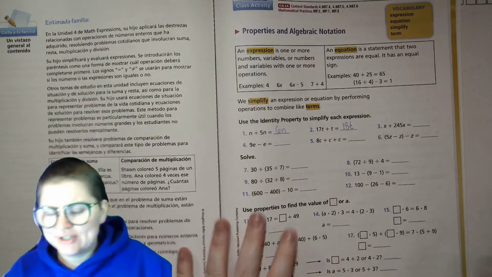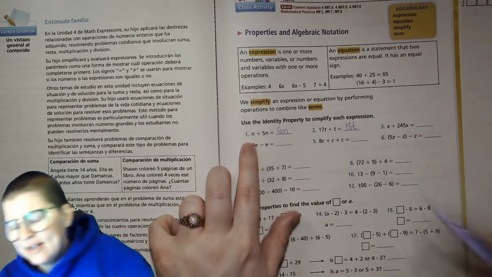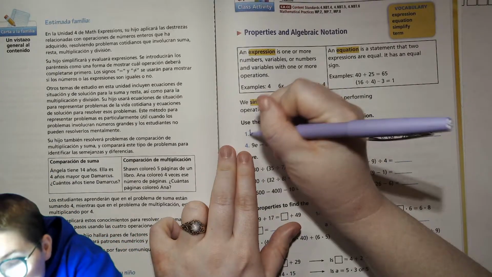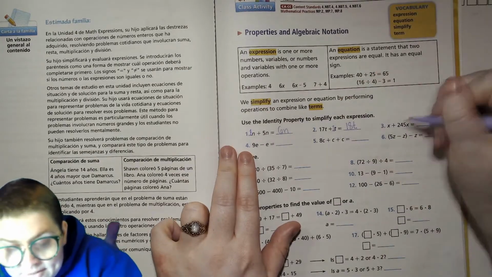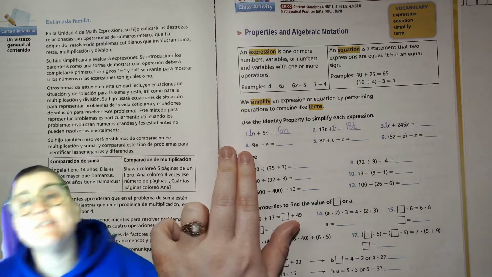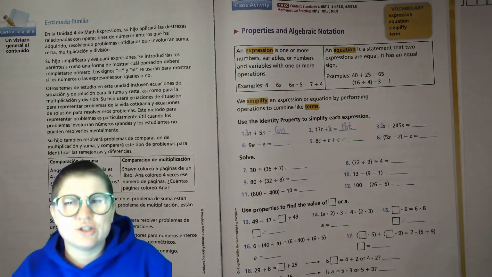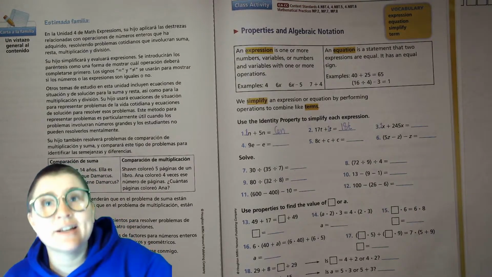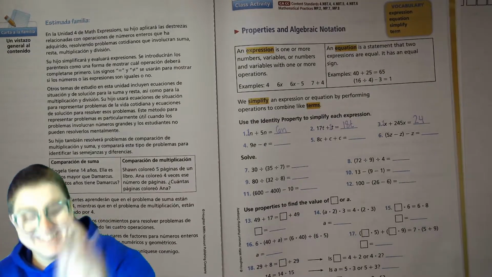Now I should mention, you can see it's just a single n right there, but you can also imagine, because of the identity property, there's an invisible 1 in front of it. In front of any lone letter, there's that invisible 1. It's just not always written because it's just assumed. 1x plus 245x is 246x.